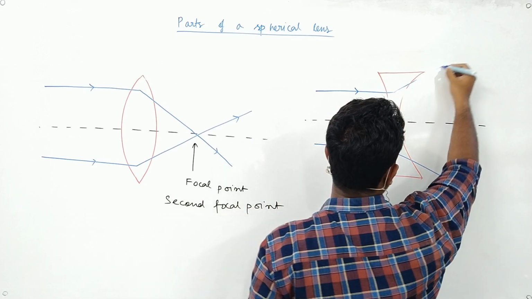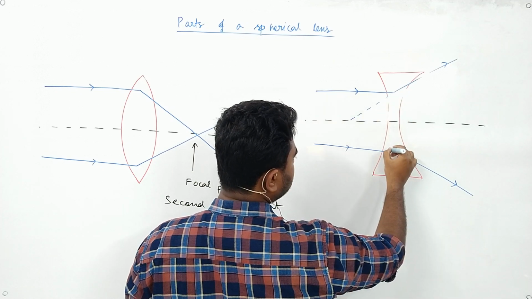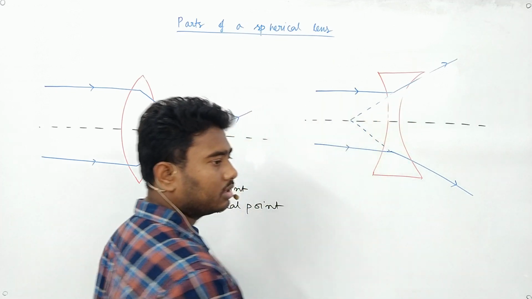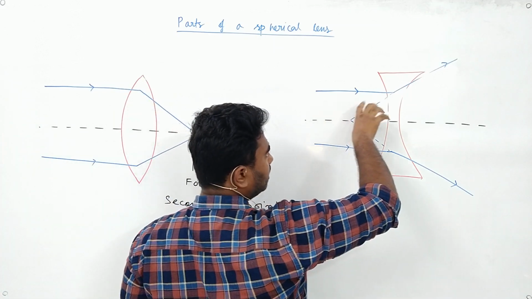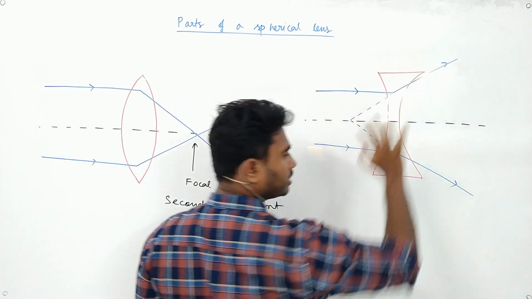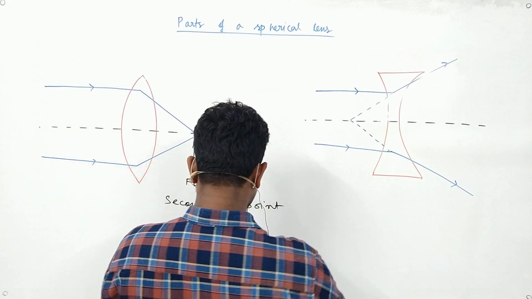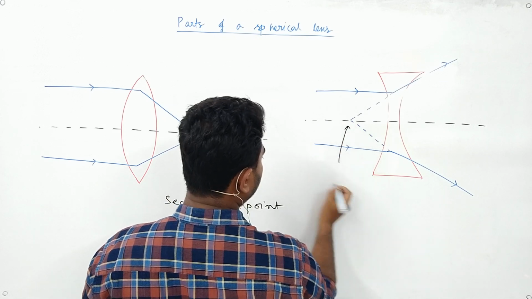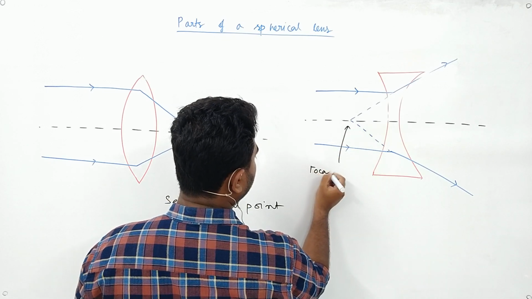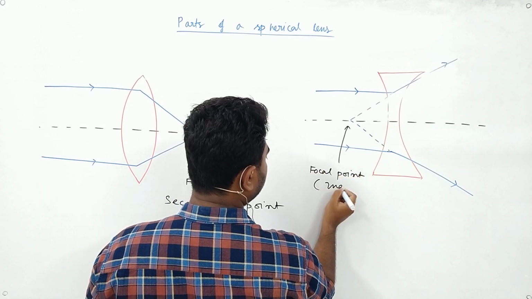This one will also get refracted, and after refraction, if we extend the refracted parts, they will meet at a point. That means it will appear as if the rays of light are diverging from this point. This point is also a focal point, and this is known as the second focal point.